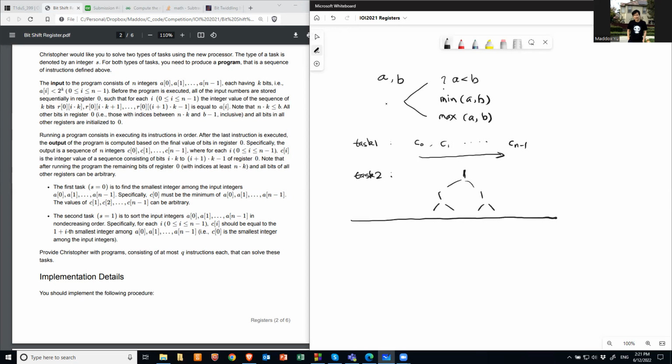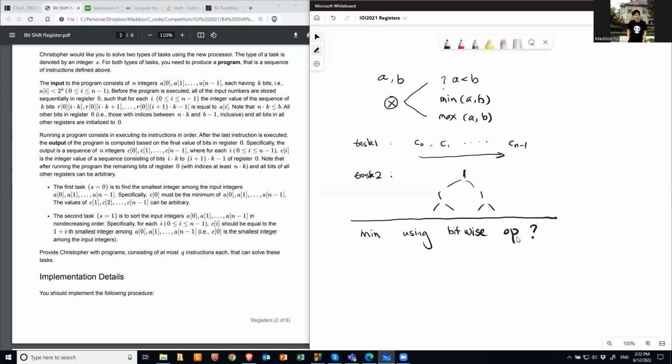So the key is how to do this operation using bitwise operations. Basically, how to do minimum using bitwise operations. That's the question.